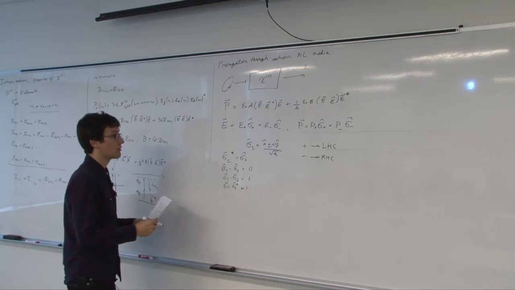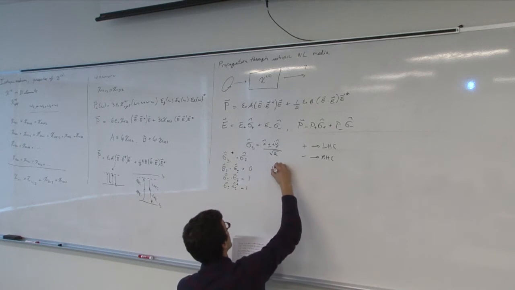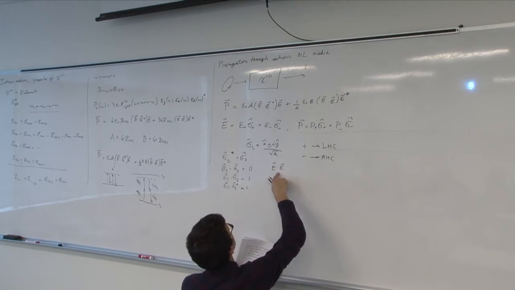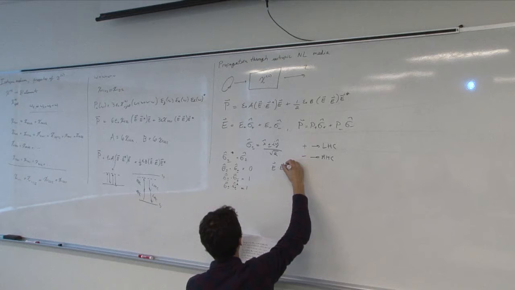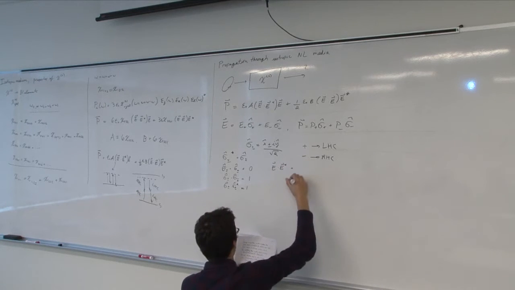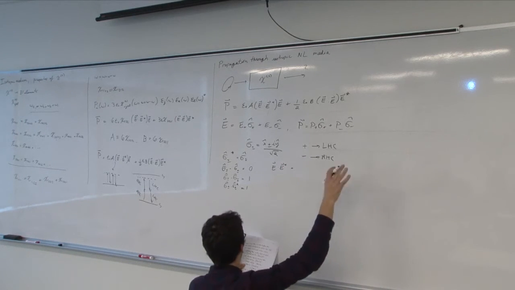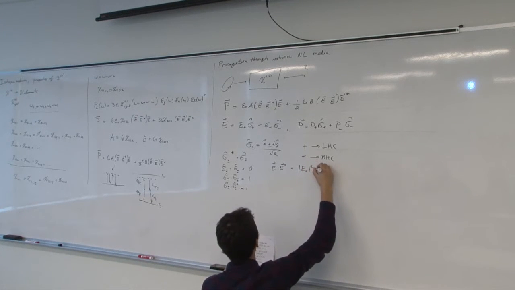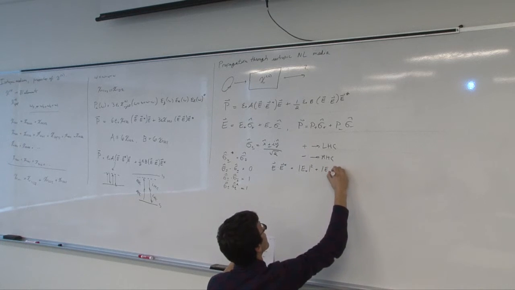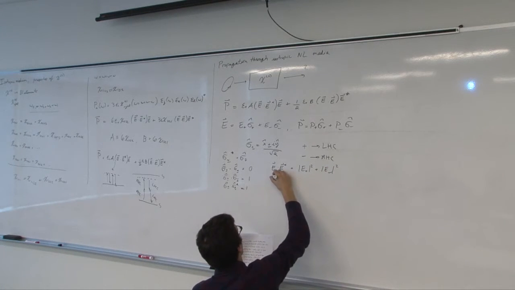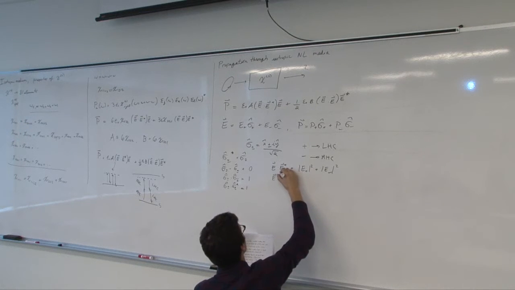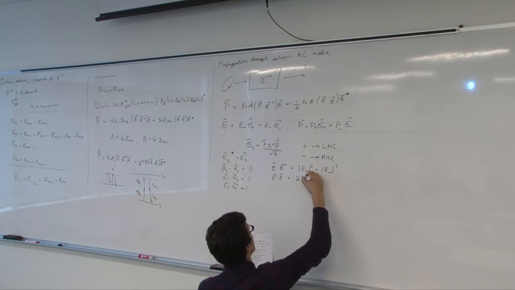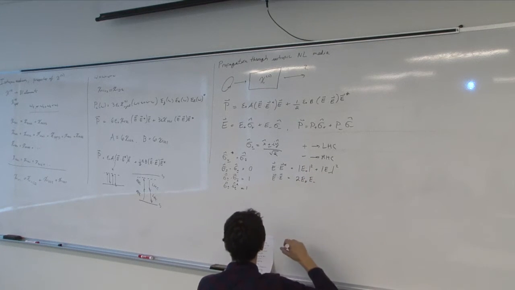So we can find from these properties that those factors that were appearing, E dot E star, is equal to the cross products, and we find that it is equal to the modulus of E plus minus E minus squared. And likewise, E dot E with itself is equal to 2 E plus E minus.